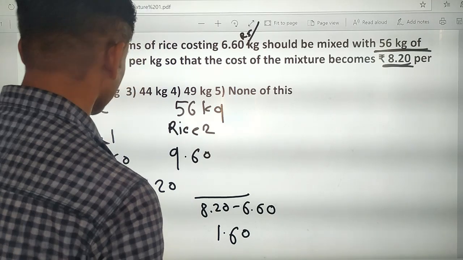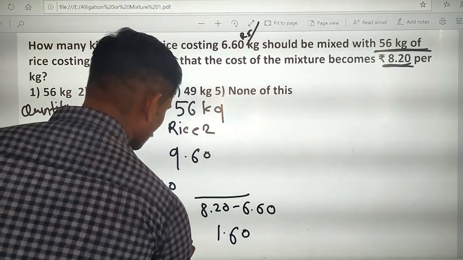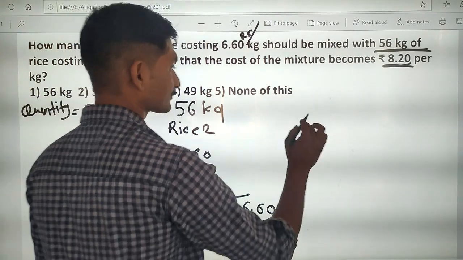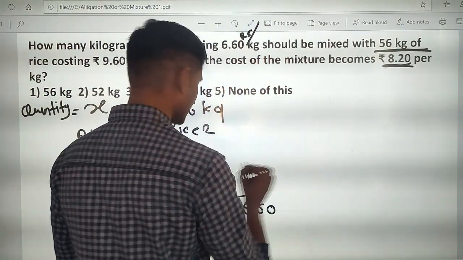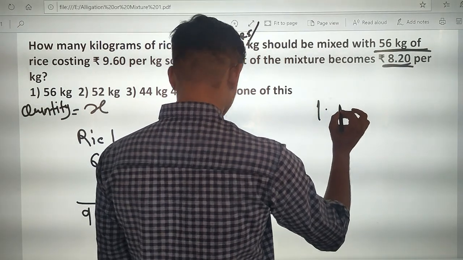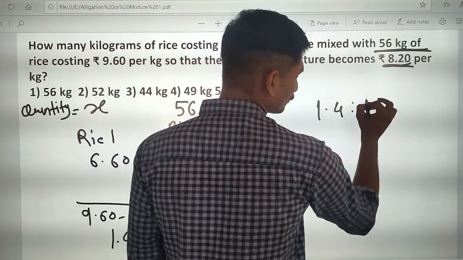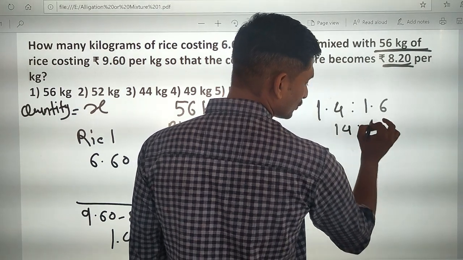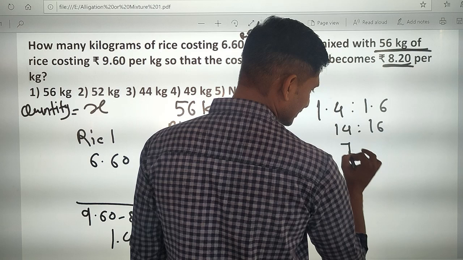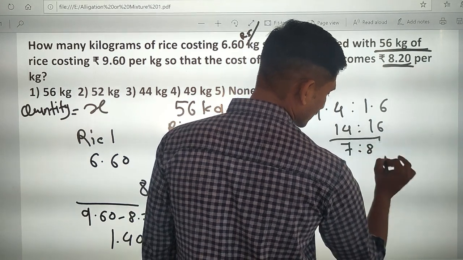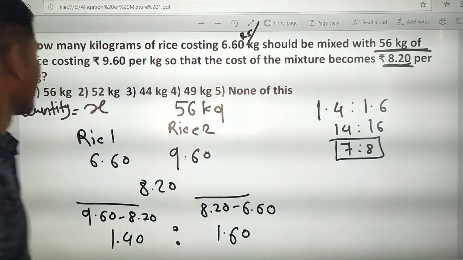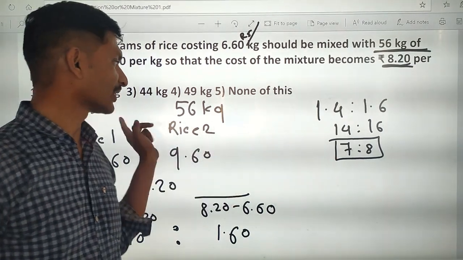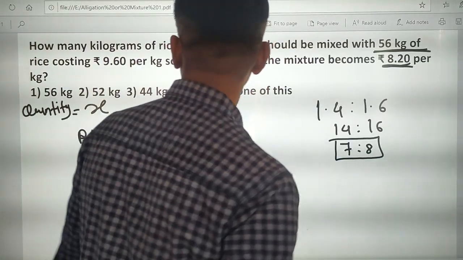Okay? Then the ratio of these two quantities is 1.4 to 1.6, that is 14 to 16, that is 7 to 8. Then the ratio of rice 1 and rice 2 quantity is 7 to 8.